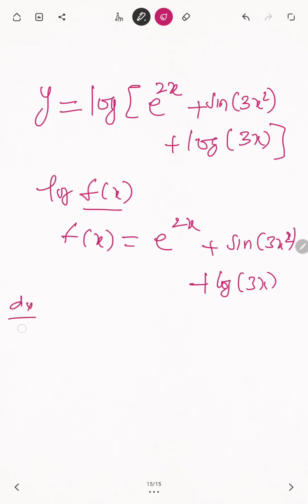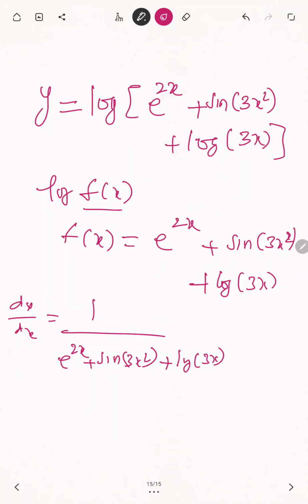dy by dx is what? 1 by function: 1 by e power 2x plus sin 3x square plus log 3x. 1 by function is there, into the derivative of this. What is the differential of the respective terms? e power 2x is what? e power 2x into 2.